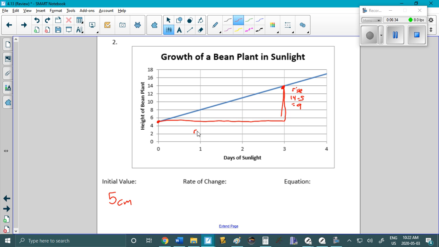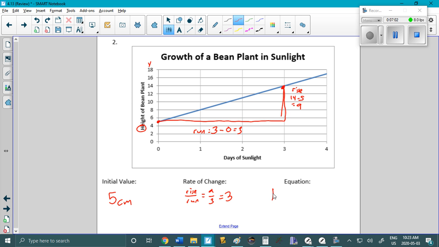And to get the run, we do the x value for the second point, which is 3, minus the x value of the first point, which is 0, and we get 3. The rate of change is the rise over the run, and it's going to be 9 divided by 3, which is 3.